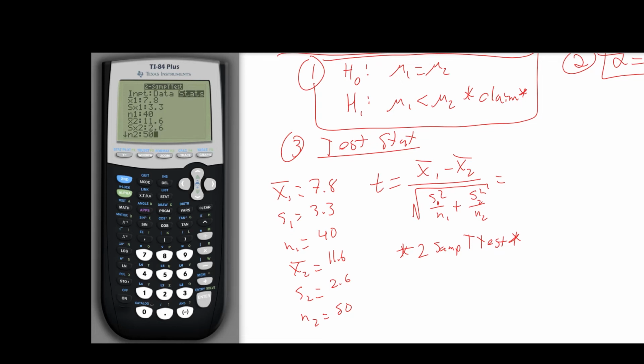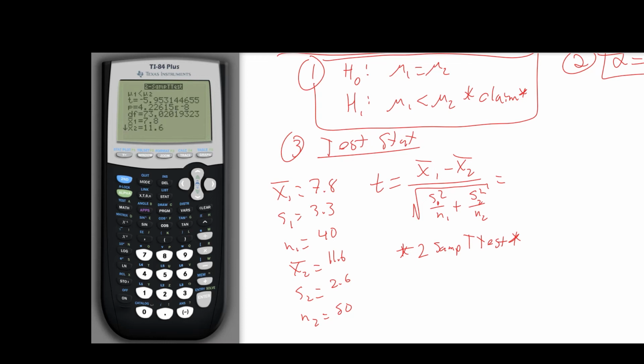Okay, once you've put that all in, again, make sure that you inputted everything correctly. Always do a double check here. And the alternative here was that mu1 was less than mu2, so make sure that one's highlighted. That's the middle one here. Press enter on that. And then again, pooled is no. And let's go ahead and calculate.